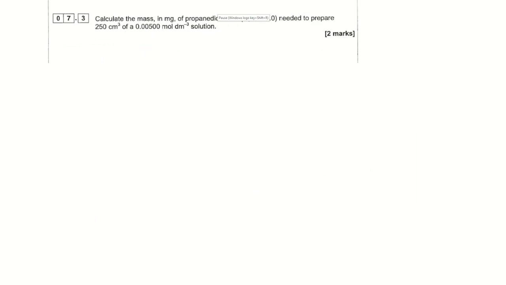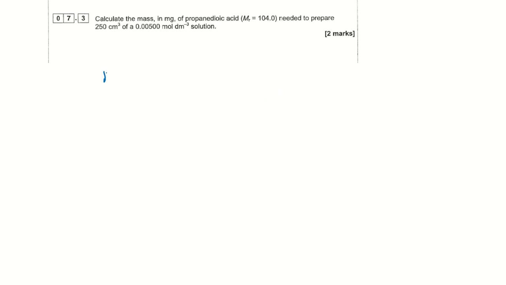Right, then you had to calculate the mass in milligrams of the propanoic acid required to prepare this solution. Okay, so again we have another calculation. Alright, so please cotton on to the amount of calculations that we're after, guys.